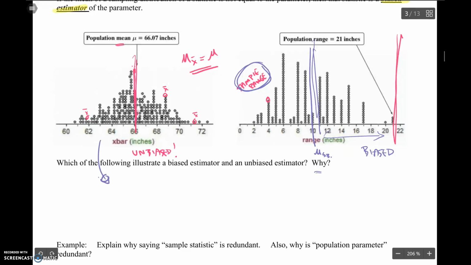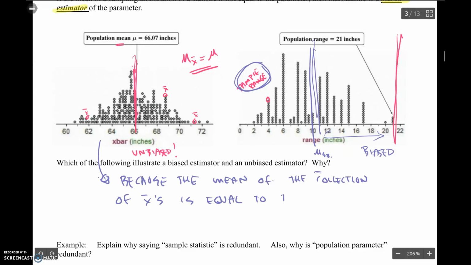Because the mean of the collection of sample means, X bars, is equal to the population mean. That's what makes it an unbiased estimator, and then over here it would be biased because it's not.